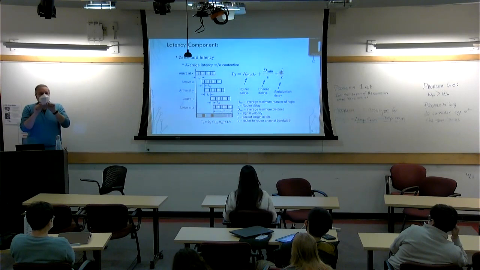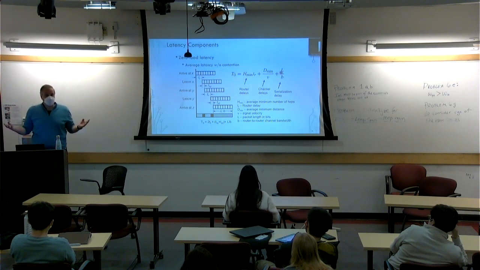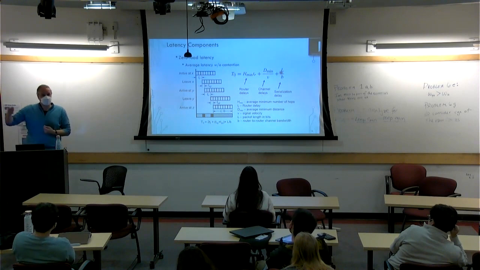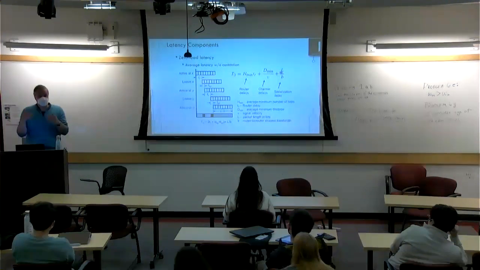If I'm going to my neighbor, I'm not going to go all the way around and back and average across that, because that's a bogus path. Now, we will see that for some traffic patterns and congestion, you actually want to do this, especially in meshes, because they can get bottlenecked. You actually want to do randomized middle node routing.